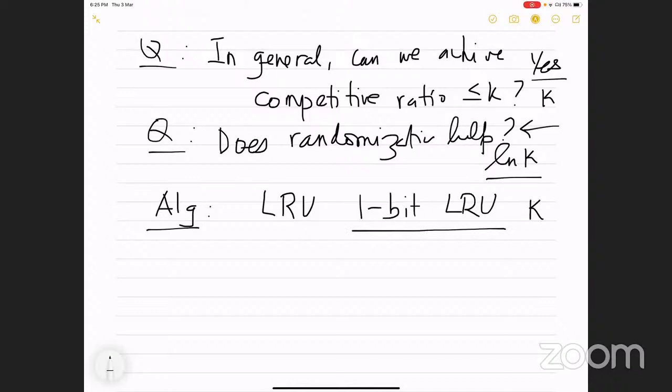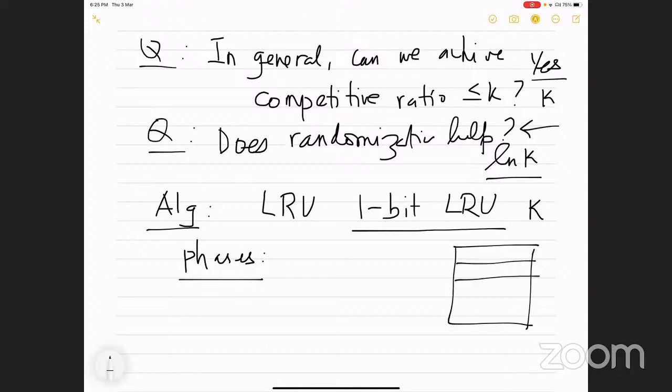So what is this algorithm? Think of this algorithm as going in phases. This bit means that if I have a cache and it has k pages, I have a bit for each page in the cache. I'm going to either mark it or unmark it. Think of putting a tick mark means that I have marked it. So each page will be either marked or unmarked.